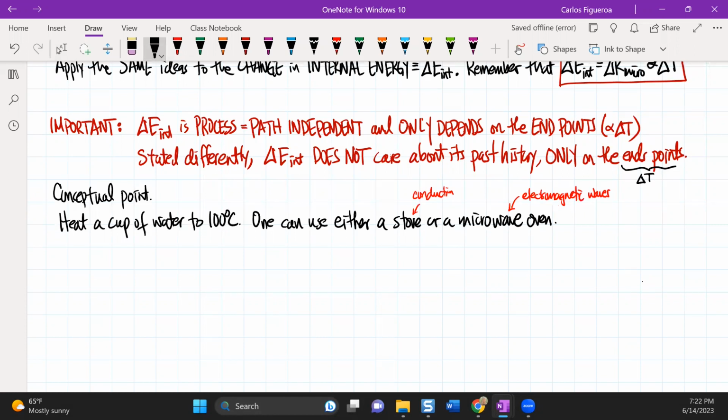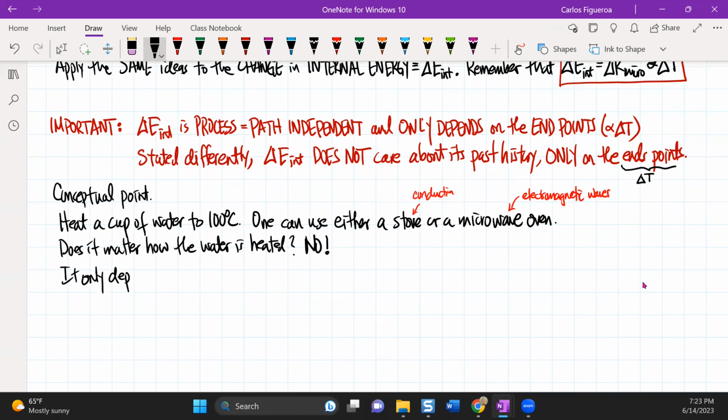So the question is, does it matter how the water is heated? And the answer is absolutely no. It only depends on the endpoints.